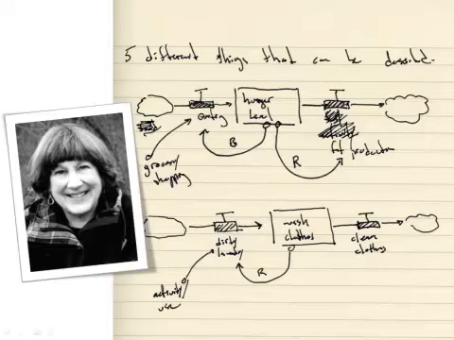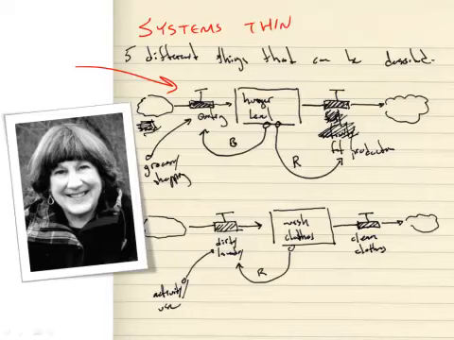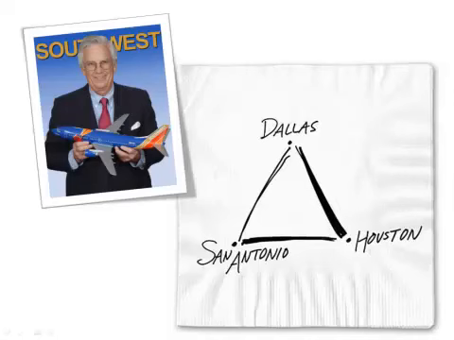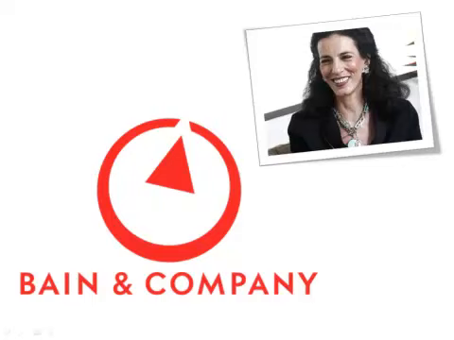This is a woman named Donella Meadows, who used to draw by hand all the time, and in her drawing invented something called systems thinking, and has gone on to become one of the most influential ways of modeling out complex systems ever, drawn by hand. This, of course, famous guy, we've talked about him before. Here he is, Mr. Rollin King, the man who drew the original Southwest Airlines business plan on a napkin, drawn, of course, by hand.